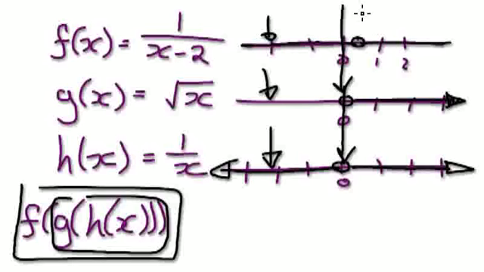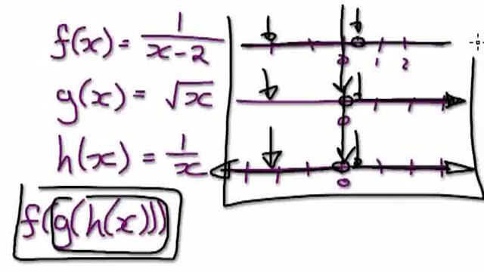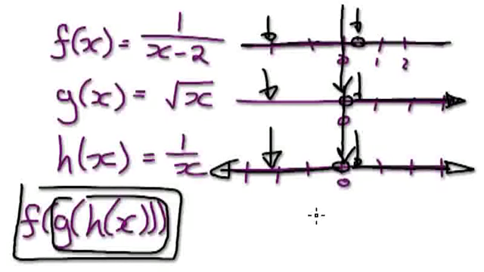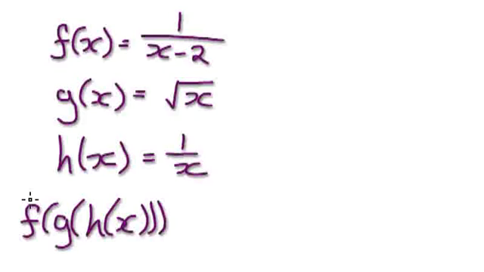And then if you look at a quarter, this thing breaks down. It's okay here, it's okay here, but you cannot. So looking at all three as a whole, you cannot have a negative number, you cannot have the number 0 itself, and you cannot have the number a quarter.